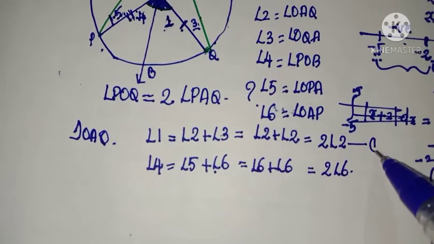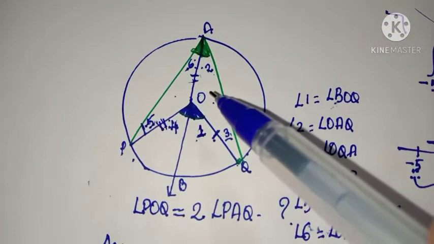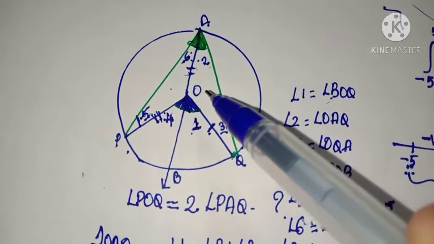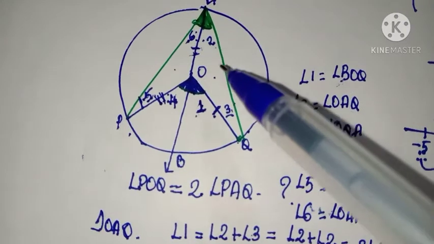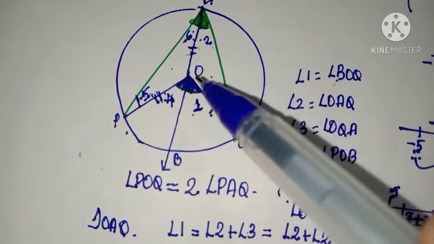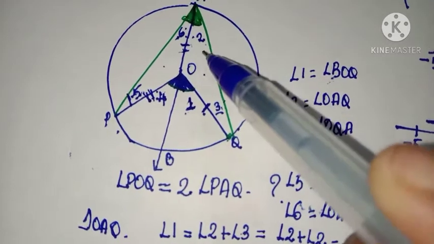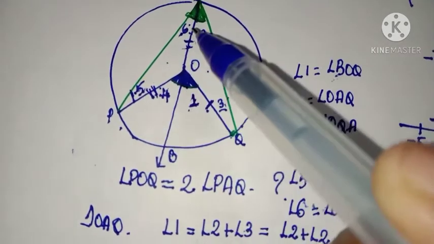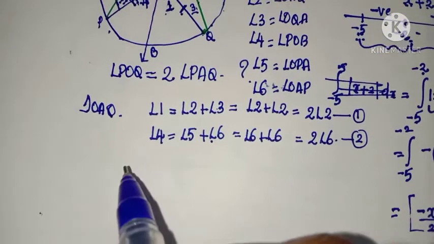Call these equation number 1 and equation number 2. First we applied the exterior angle theorem in these two triangles. Then we applied that angles opposite to equal sides are equal, and changed angle 3 into angle 2 and angle 5 into angle 6. Now add these two equations.